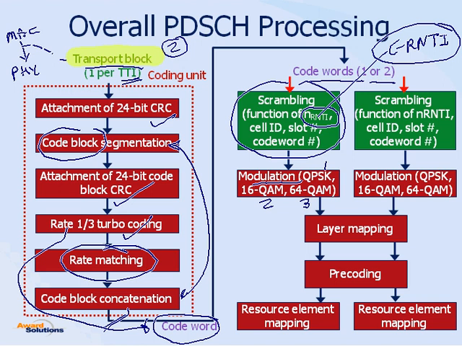Then we have these 2 special processing blocks: layer mapping and pre-coding. Pre-coding will be done with the help of the pre-coding matrix indicator, and we have an outstanding question from yesterday about PMI. We'll take care of the question when we discuss PMI.